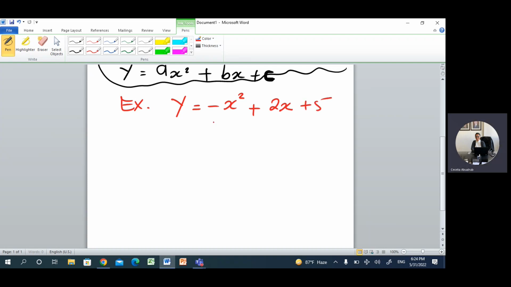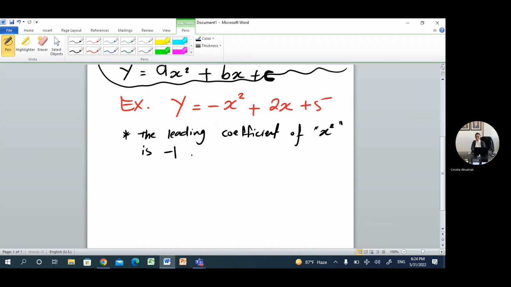So as you can see, the leading coefficient of x squared is -1, and it must be 1.